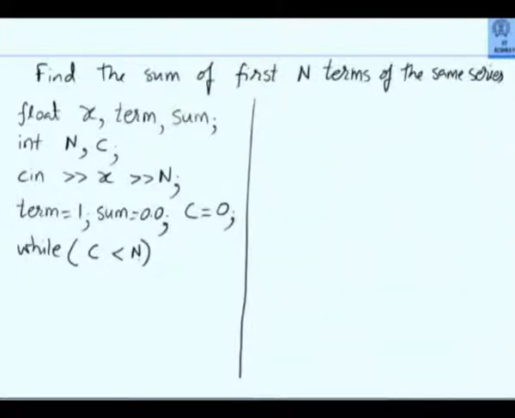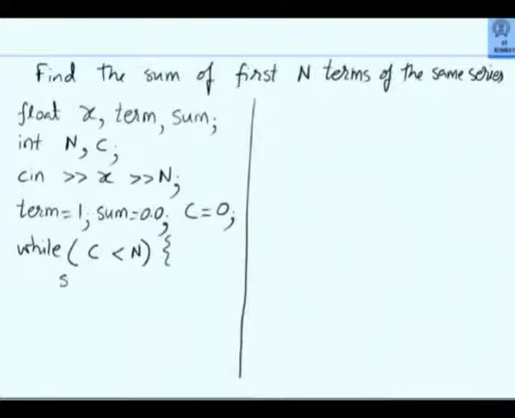I want to add n times. My addition and term calculation is going to be the same. C is initially 0. Let's say n is 10. So 0 is less than 10. I will necessarily come inside.